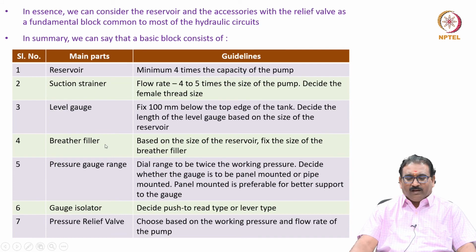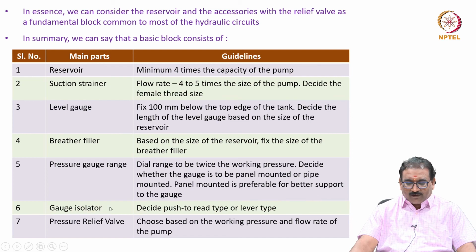Breather filler, based on the size of the reservoir, fix the size of the breather filler. Pressure gauge range, dial range to be twice the working pressure, decide whether the gauge is to be panel mounted or pipe mounted. Panel mounted is preferable for better support to the gauge.